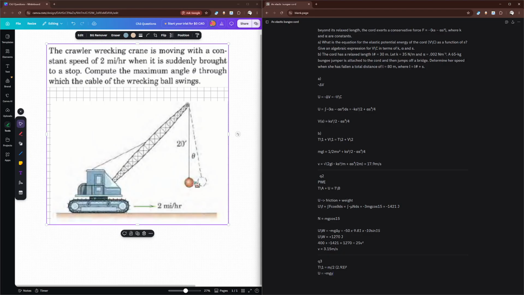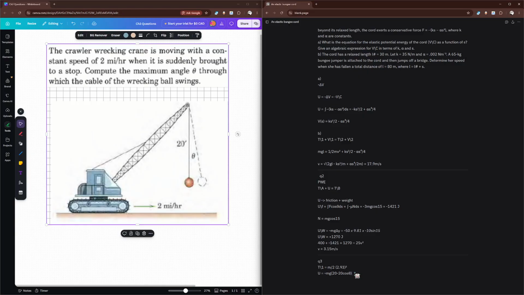It is originally 20 inches, and then it becomes 20 inches cosine theta, if we imagine it like this. So our delta y is 20 minus 20 cosine theta, like that.